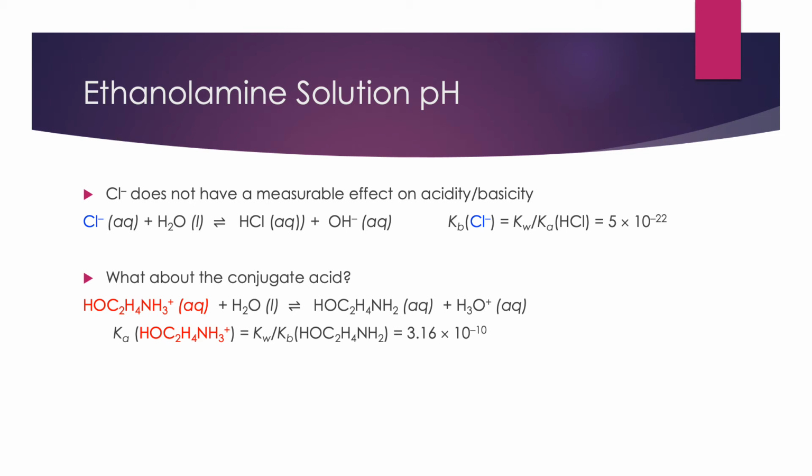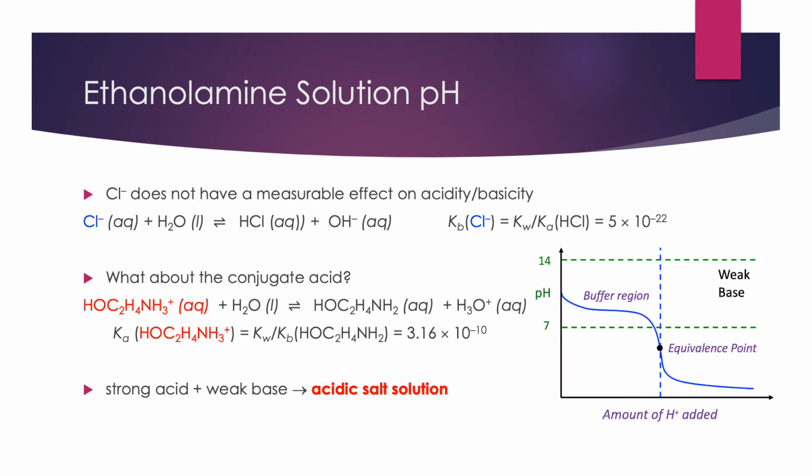So even though it's not a very strong acid, it is nevertheless an acid that's created here. What this has done is create a situation where combining a strong acid with a weak base will produce an acidic salt solution due to the acidic activity of the protonated base.